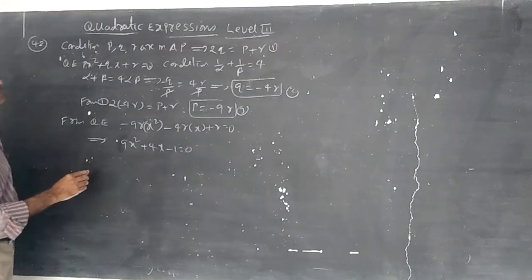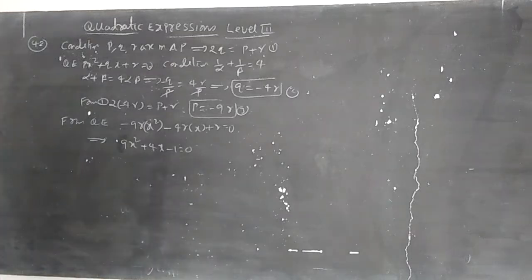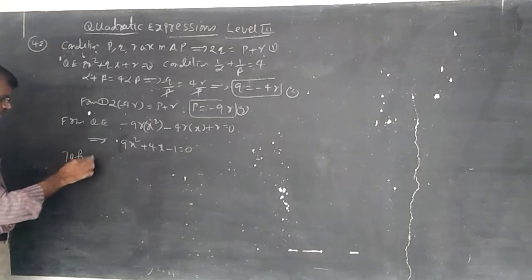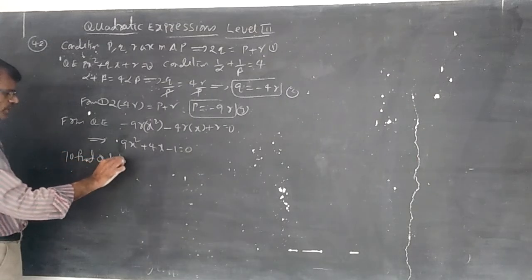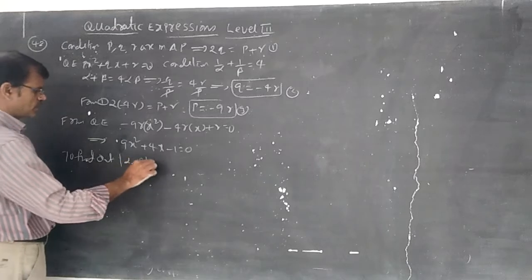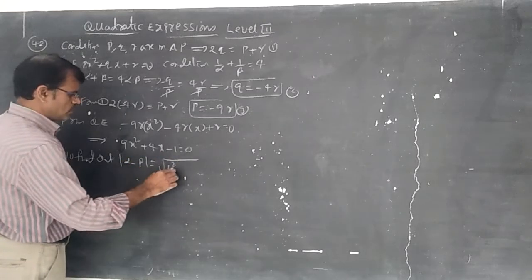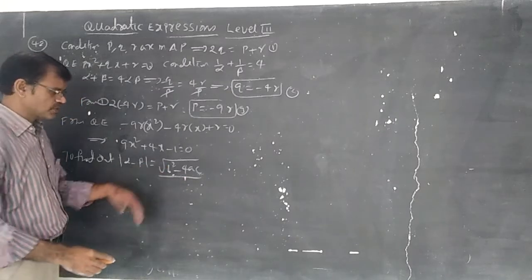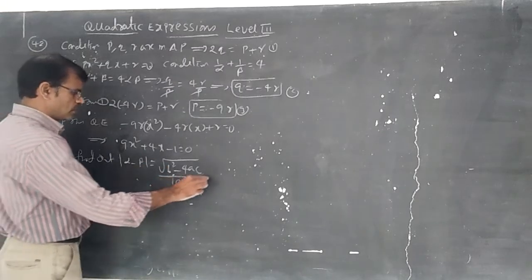Now he is asking for the modulus of alpha minus beta. To find modulus of alpha minus beta, we have discussed the formula: root of b square minus 4ac by mod a.